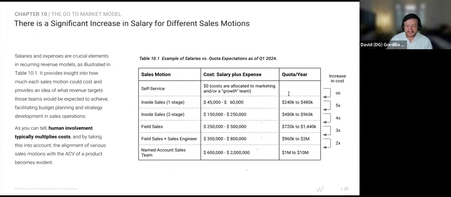That's why also we normally need to compensate with a higher quota. And also we normally need to hire more specialized people as we go towards the right, meaning that whenever you are running a named accounts team, you will need to have very senior people that are not only able to have strategic relationships with the client, but also being able to orchestrate a lot of different people from the seller side.